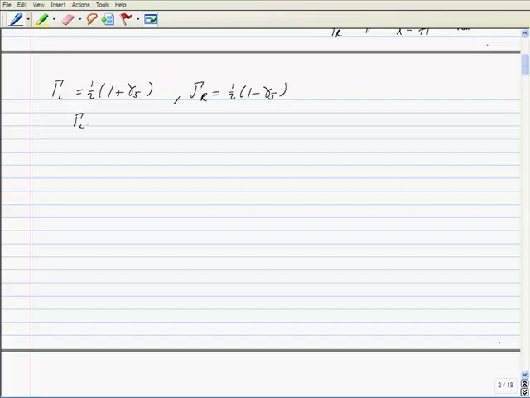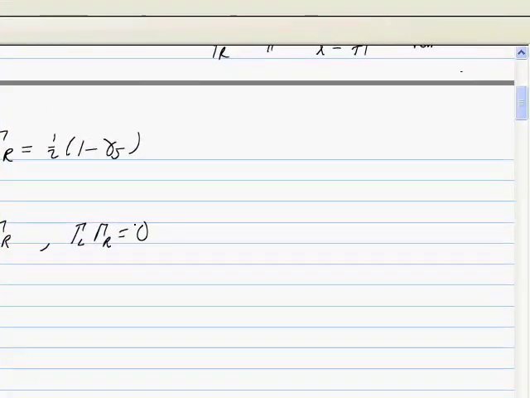They satisfy gamma left plus gamma right equals 1. Gamma left squared is gamma left. Gamma right squared is gamma right. Gamma left gamma right equals 0.